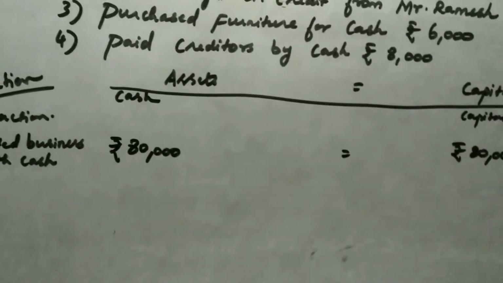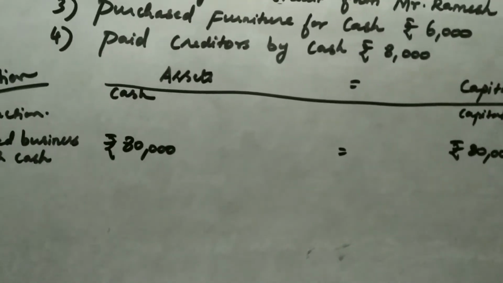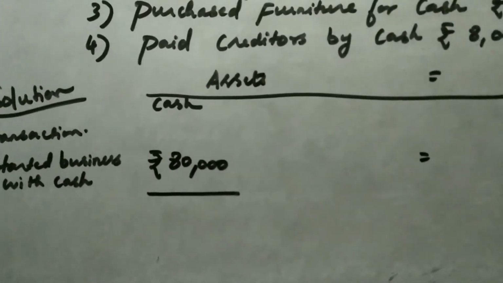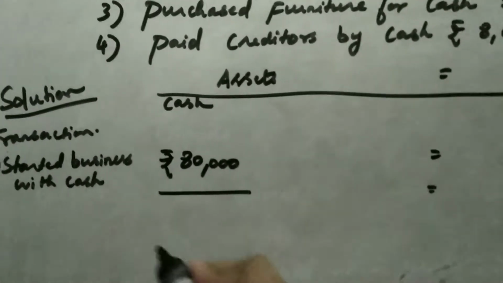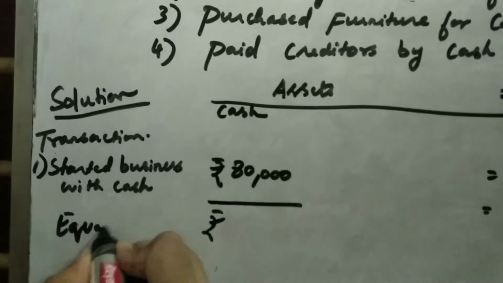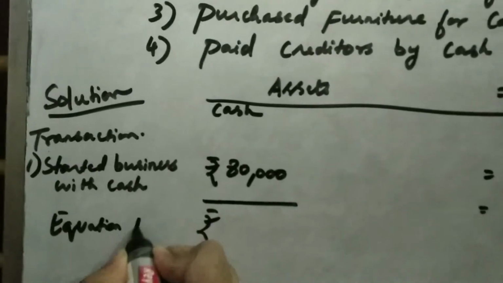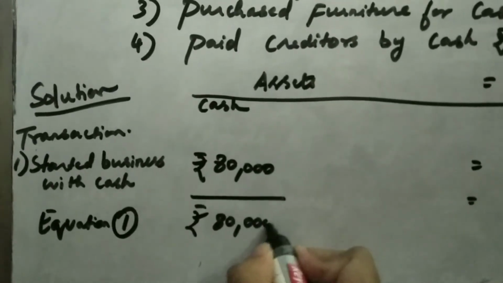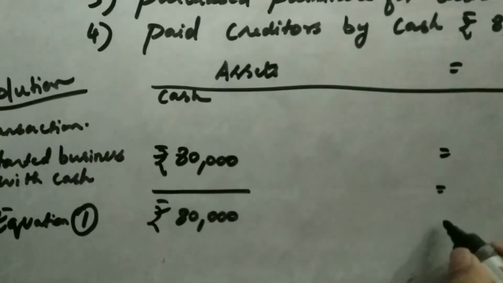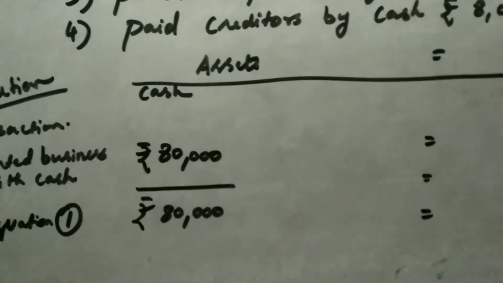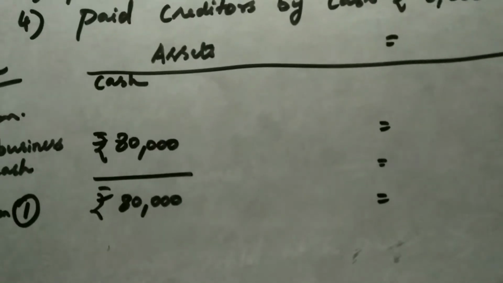This is going to be our equation. Bring down the balance. You don't have anything else. So, equation 1 will be cash 80,000 is equal to capital 80,000.